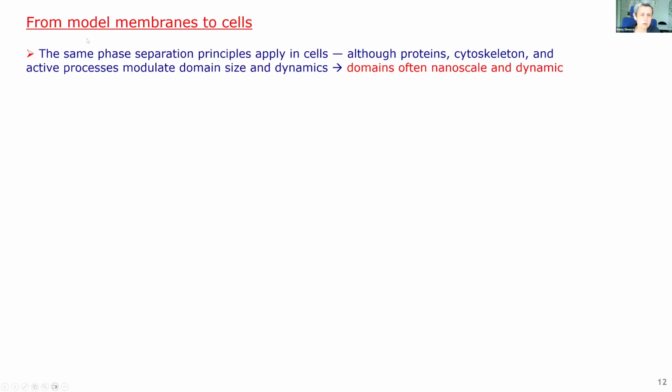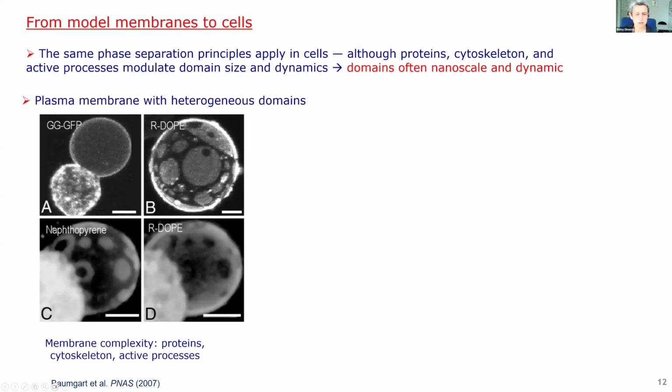So now I was talking about model membranes in general, but from model membranes to cells, you can still think that phase separation principles apply as well, even though you have proteins, cytoskeleton, and active processes. And I'll just give here two examples where such microscopic domains as those observed in giant vesicles have been observed in real plasma membrane systems.